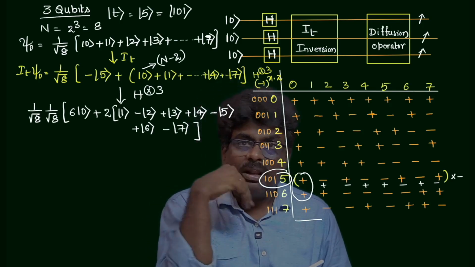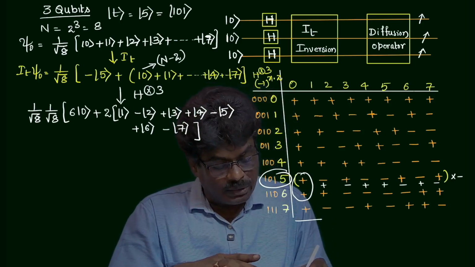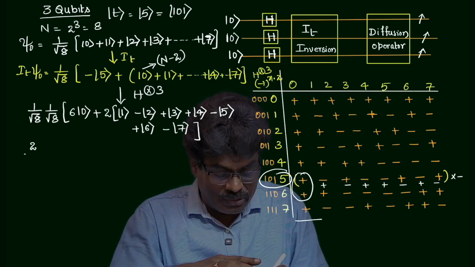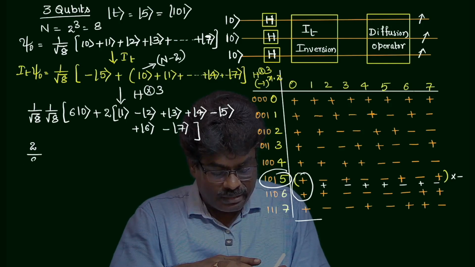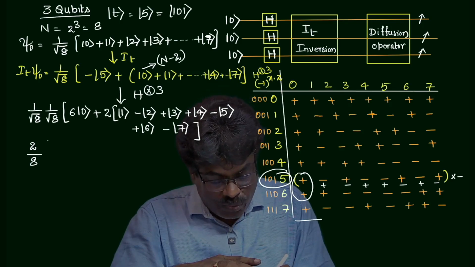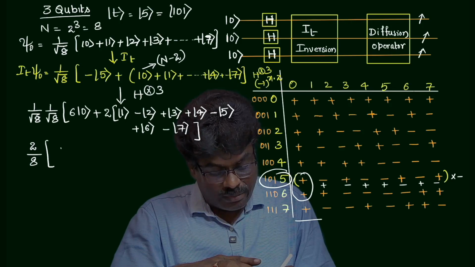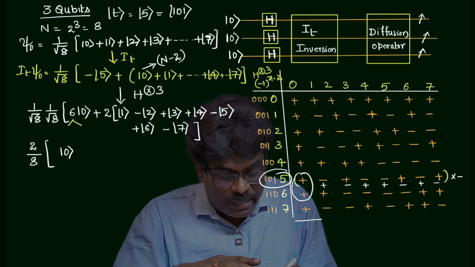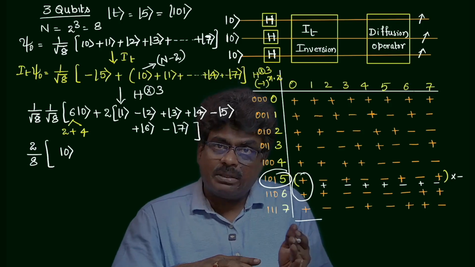So now what I'm going to do is take 2 common. Throughout, 2 common I'm taking. Carefully observe. 2 by root 8. Throughout 2 common, so I will get 0. No need to get tension. So 6 I am writing as 2 plus 4. I am taking 2 common.